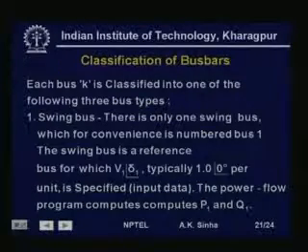We can number it, it can be any bus as such, but we will generally use bus 1 as the swing bus. The swing bus is a reference bus for which V1 and delta 1, which we typically take as 1.0 and angle 0 per unit, is specified, that is the input data.